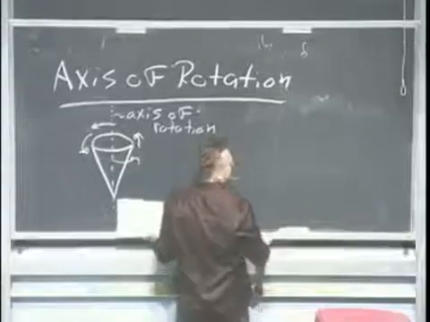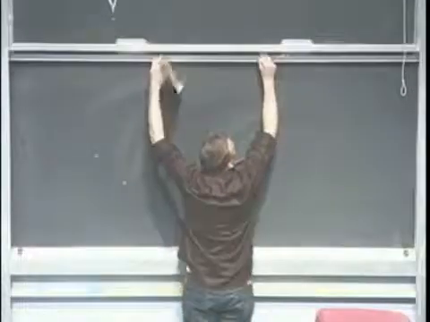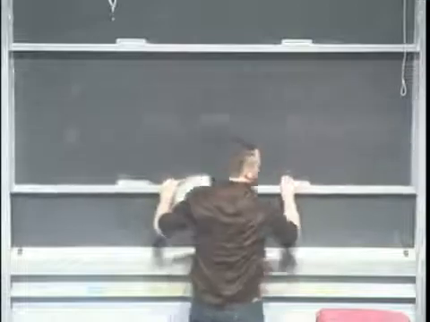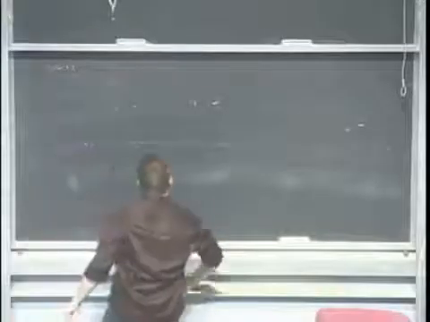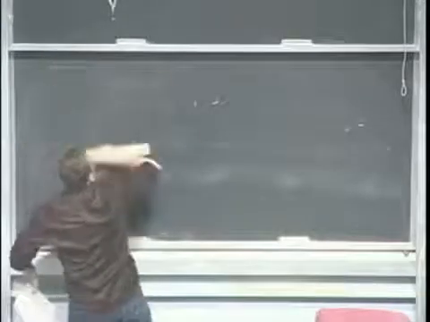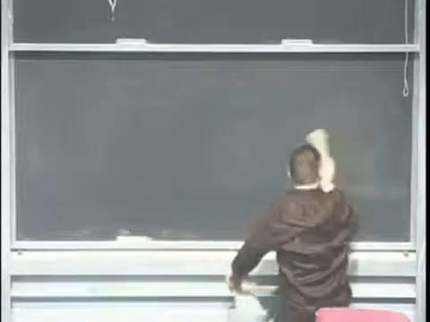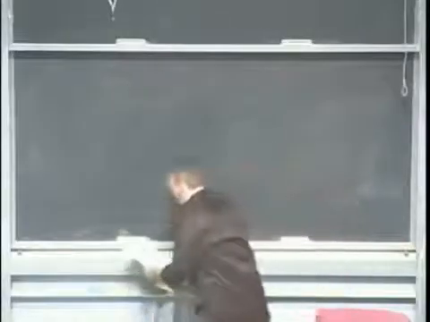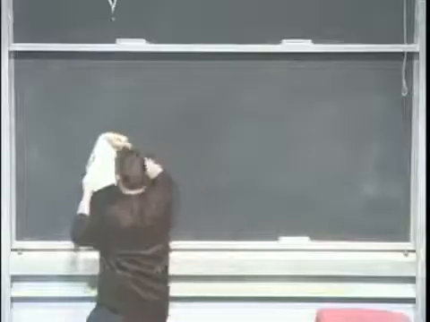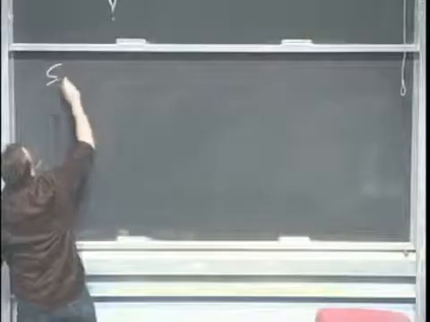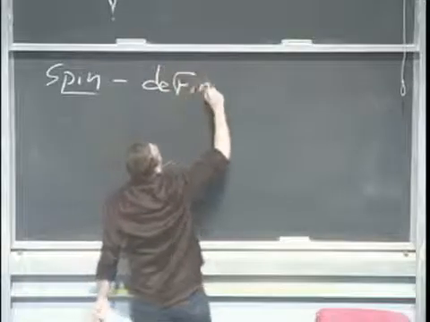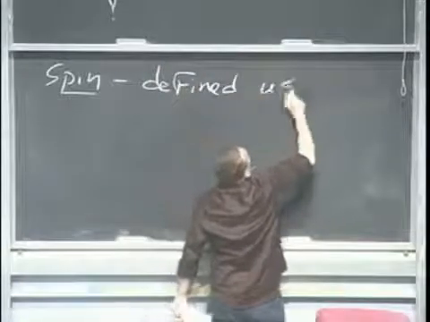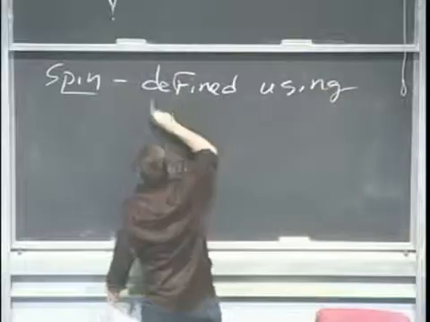So we're going to define a direction of rotation which differs whether the object is spinning clockwise or counterclockwise around that axis. And we can call this the spin. And this is defined using what we call the right-hand rule.